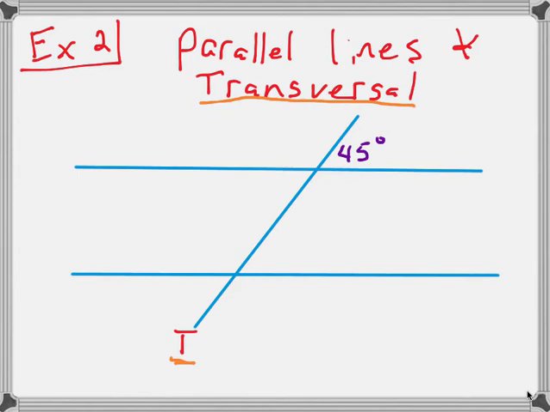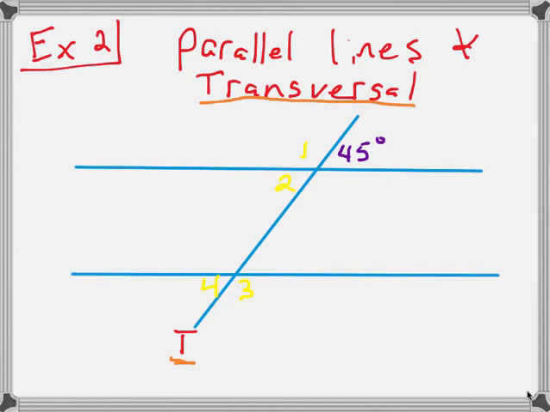Let's just say that angle right there is 45 degrees, and they want you to find angle 1, angle 2, angle 3, and angle 4. Let's say they want you to find those four angle measures.